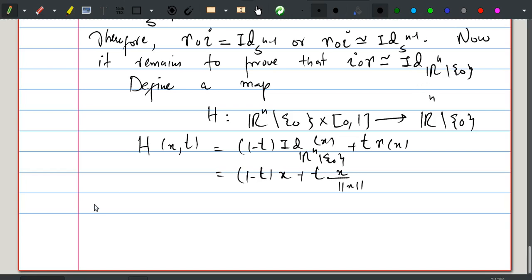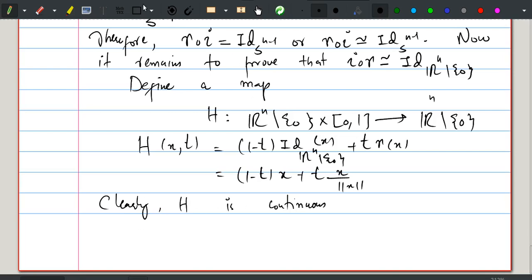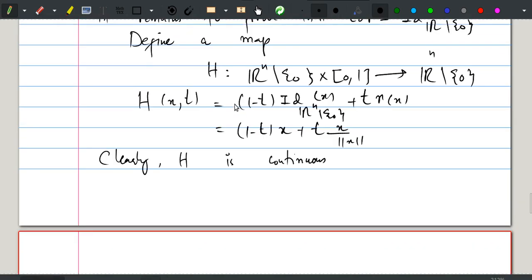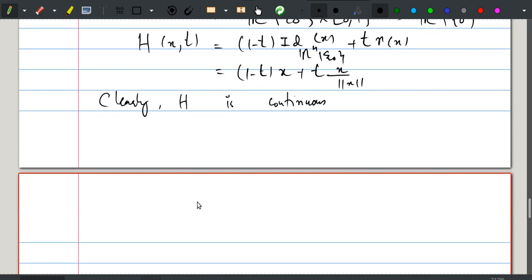Obviously H is continuous. Now let us check what will happen when we restrict H to 0. H restricted to 0 is just x.